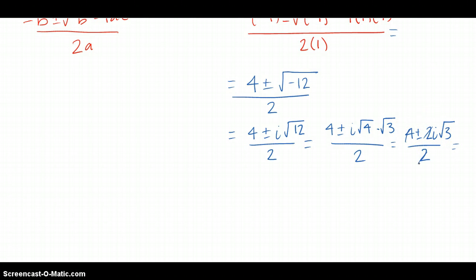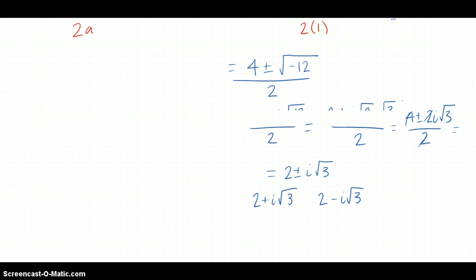If you divide by that 2, you are left with 2 plus or minus i square root of 3. So your 2 complex solutions are 2 plus i square root of 3 and 2 minus i square root of 3.